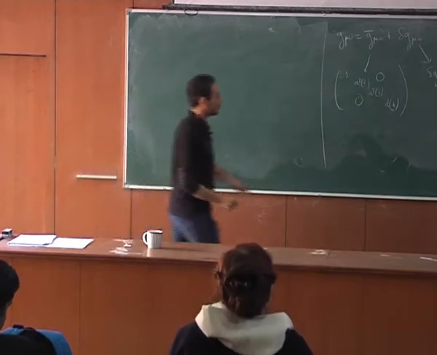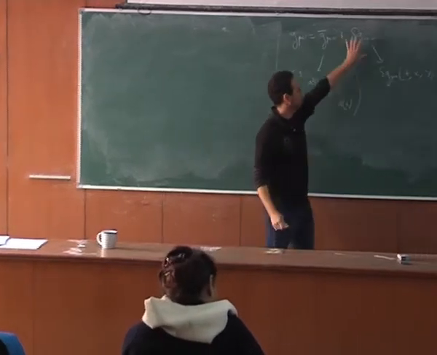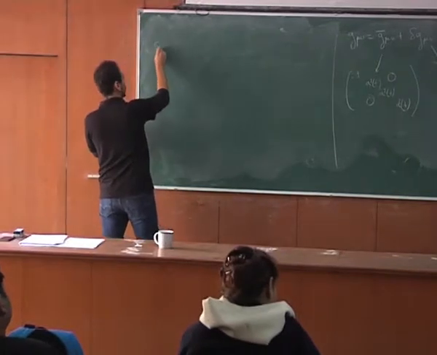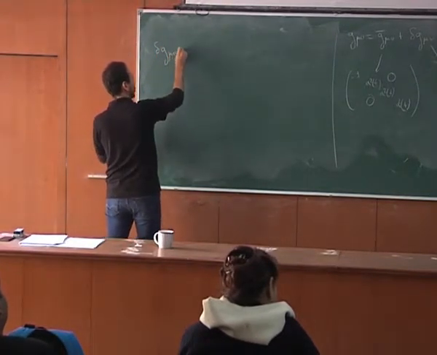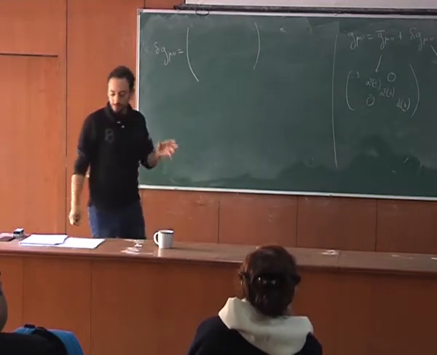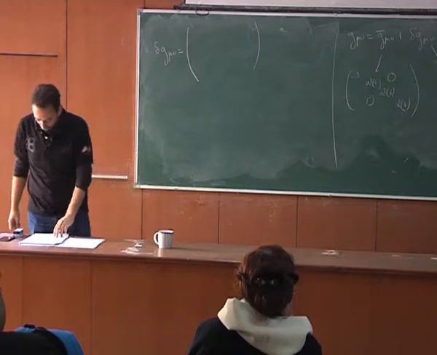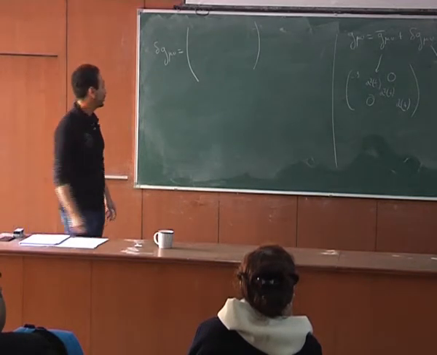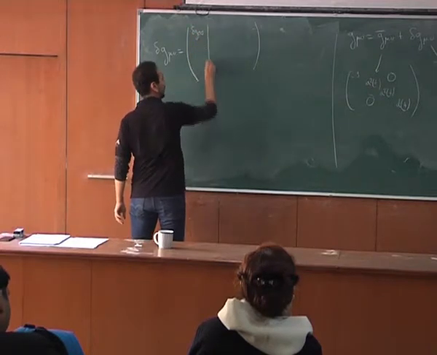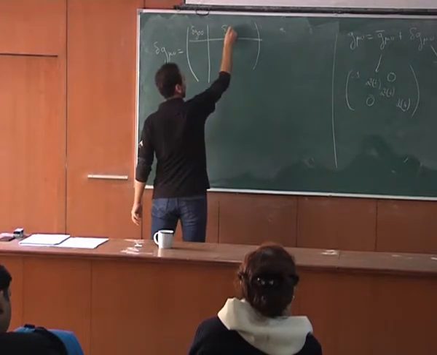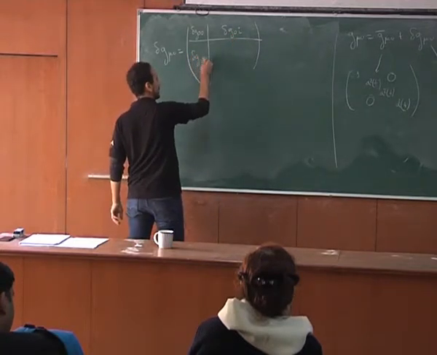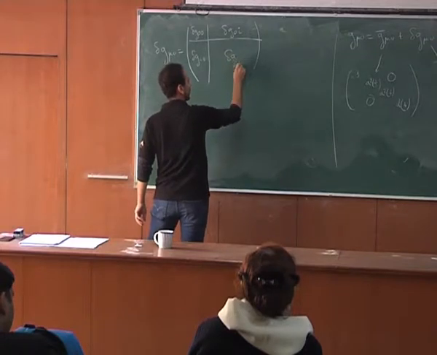What you have, this is a matrix, and this is also a matrix, but with all components. So what we can do is that this matrix, delta G mu nu, which is a 4 by 4 matrix, you can separate it into different components: delta G00, delta G0i, delta Gi0, and delta Gij.